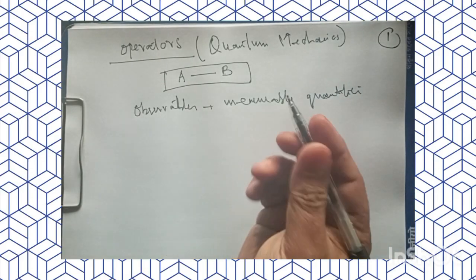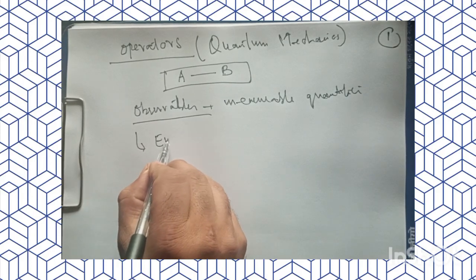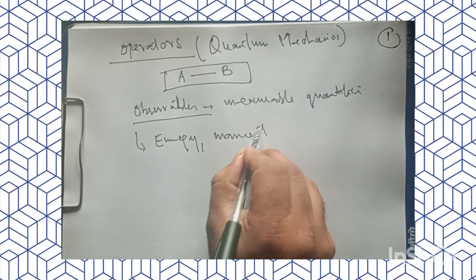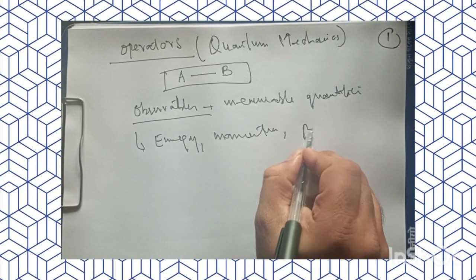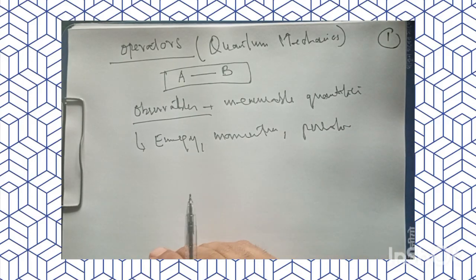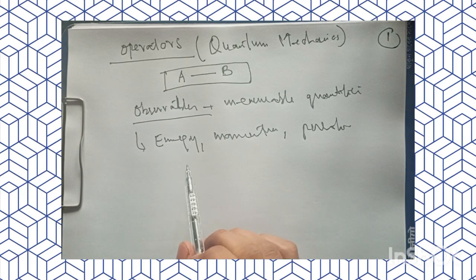Examples of these observables are energy, momentum, position, etc. So anything that can be measured, we call an observable, and we have these observable quantities in quantum mechanics.